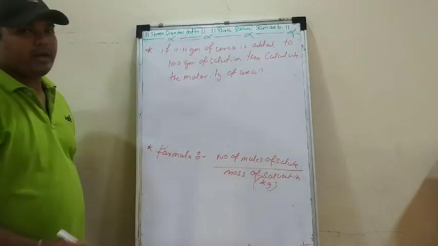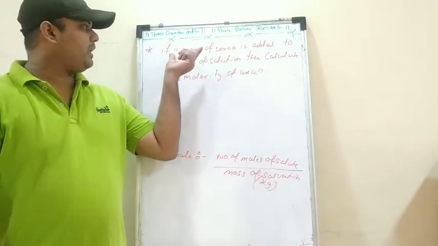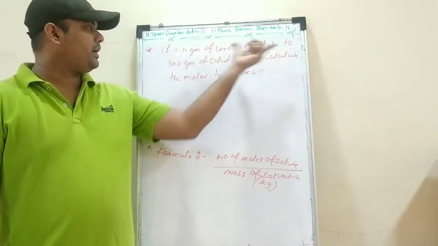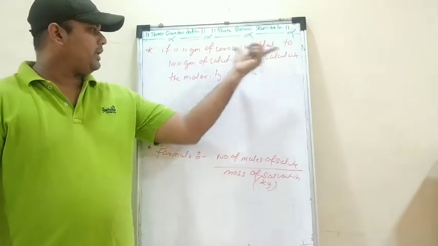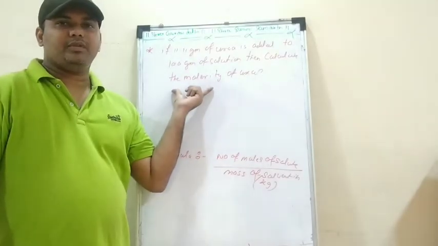Right, so my dear students, this is the question asked. If 11.11 gram of urea is added to 100 gram of solution, then calculate the molality of the urea.